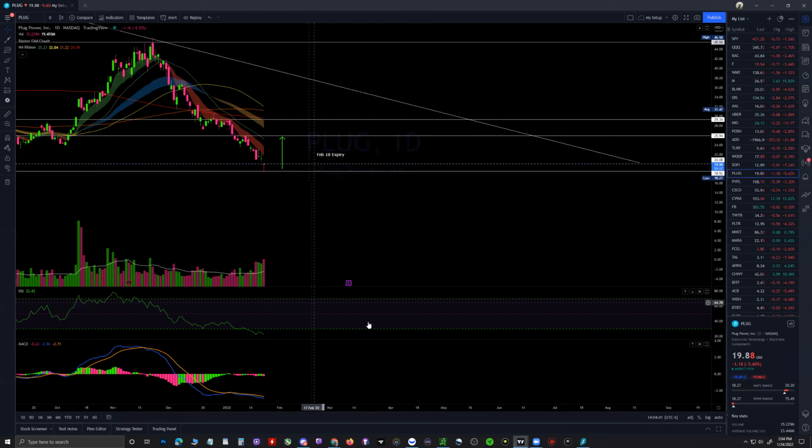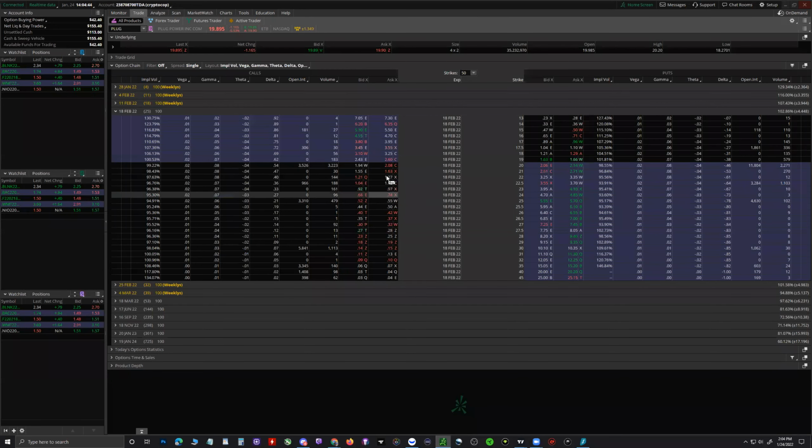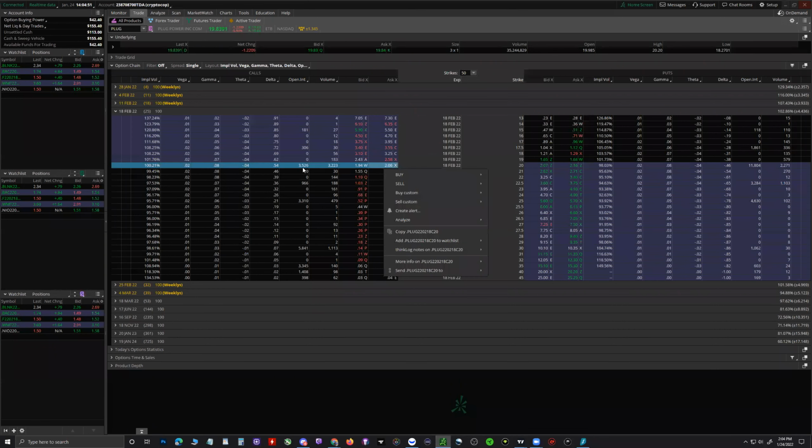This one actually looks better, but it's a little bit more expensive. But it has a 54 delta, which is very, very good. And only an 04 theta, which is also very good.